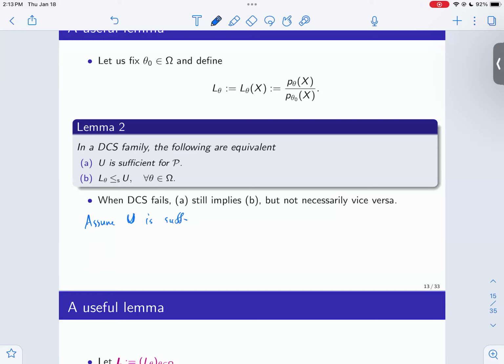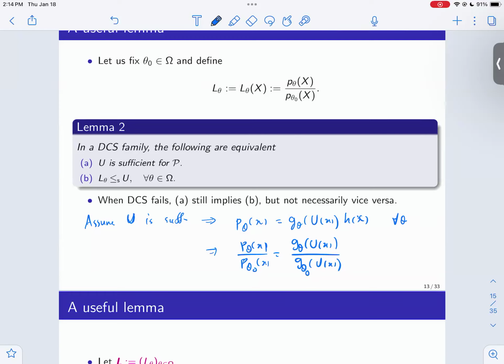This holds for all theta. So in particular, if I evaluate at theta naught and divide, you get G theta of U of x divided by G theta naught of U of x, and H cancels out. And so you can see this whole thing is a function of U of x.